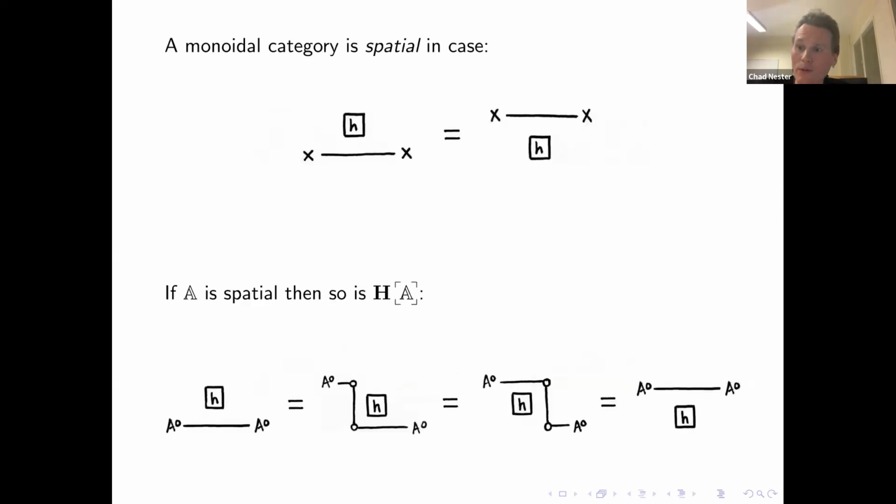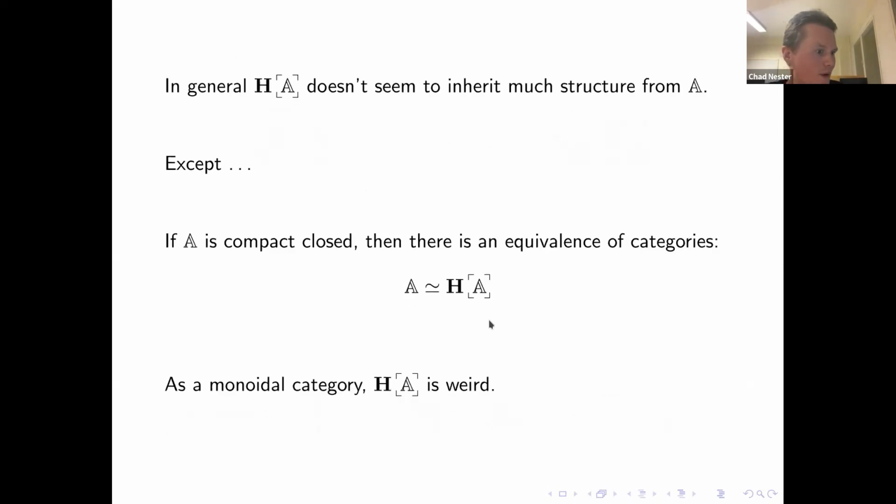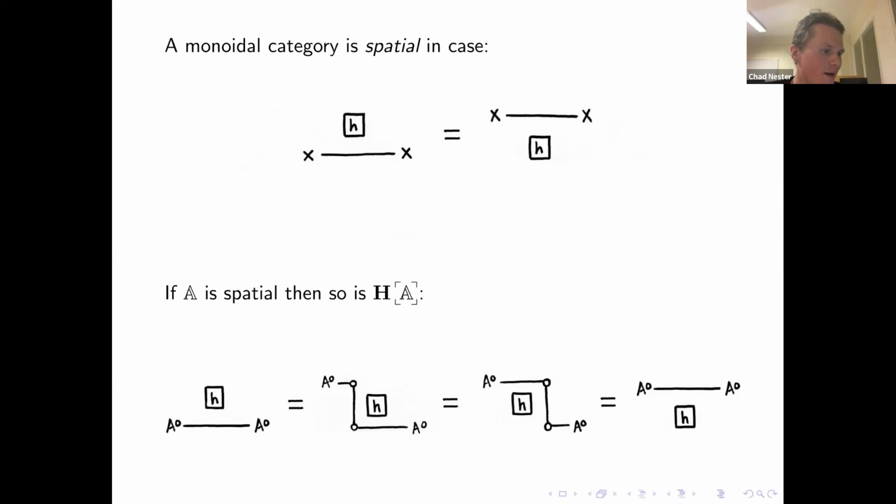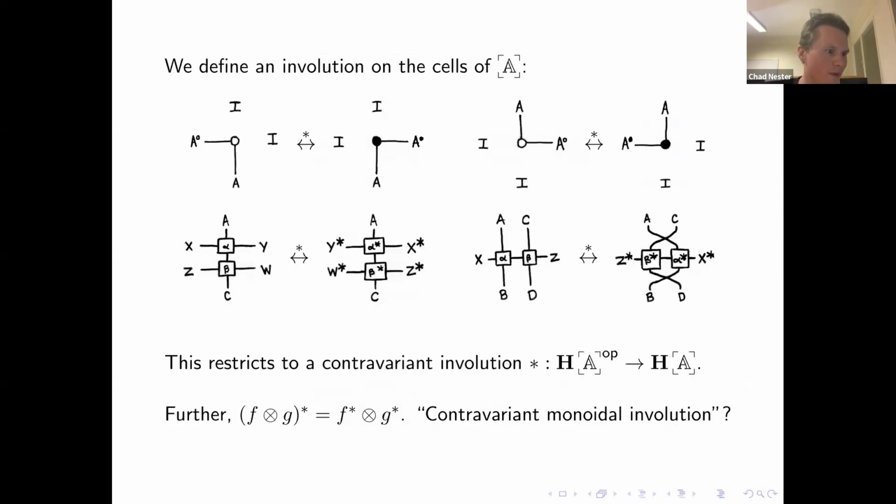If the monoidal category we start out with is spatial, meaning that I can always move things across wires like this, so for example, every symmetric monoidal category is spatial, then the horizontal cells are also spatial by this argument here. But they don't seem to inherit any other structure of A in general. And we'll talk about that more in a bit.